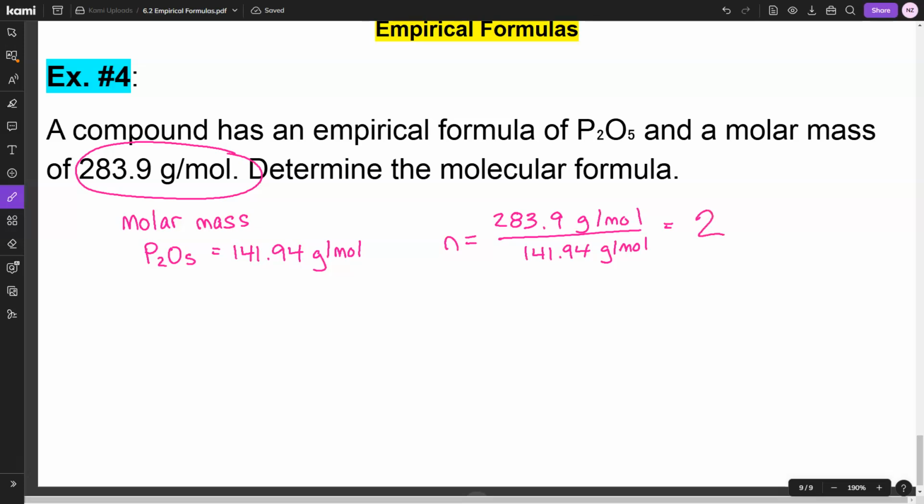That's my multiplier. So 2 times P2O5. That's going to give me the molecular formula of P, 2 times 2 is 4, 2 times 5 is 10, so P4O10. That is my molecular formula.